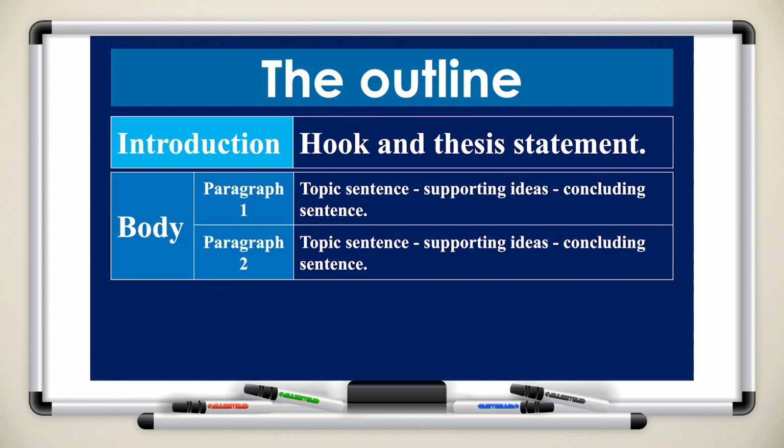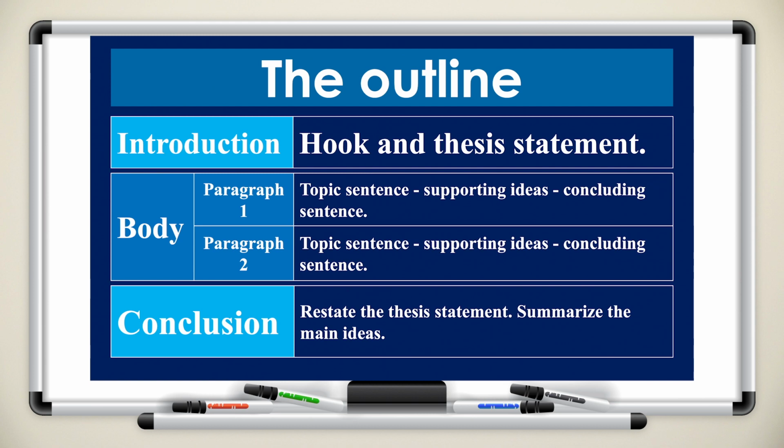The body, as we said earlier, has paragraph 1 and paragraph 2. Each paragraph should have a topic sentence, supporting ideas, and concluding sentence. And in the conclusion, you can restate the thesis statement you wrote earlier or summarize all the ideas that you've mentioned using new words. Okay?